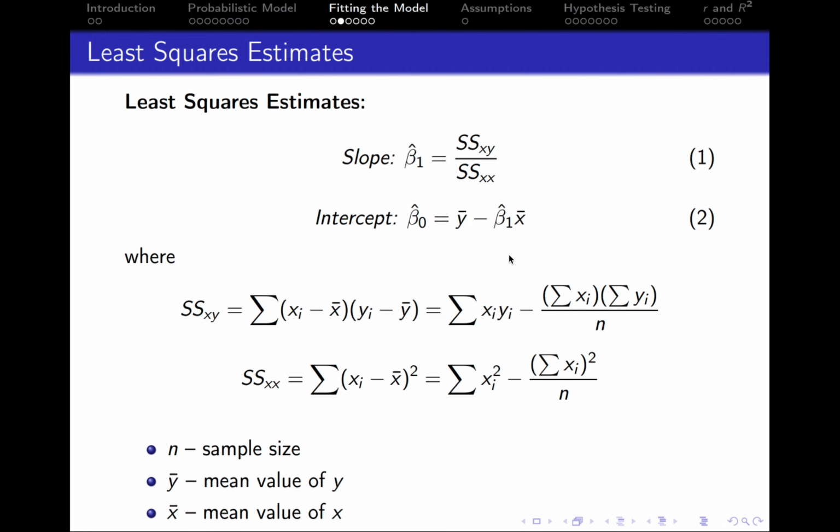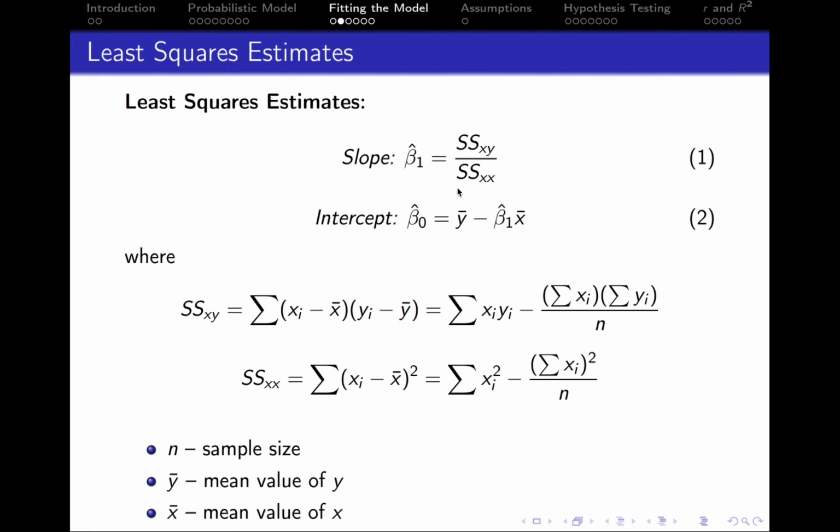Here is another possibility for estimating the value in the numerator. To do that, we can sum the product of x and y, so x multiplied by y for each observation, 1, 2, 3, 4. After this, we sum those values and subtract the product of the sum of x values and the sum of y values divided by n, which is the sample size, the number of observations we have in the data set.